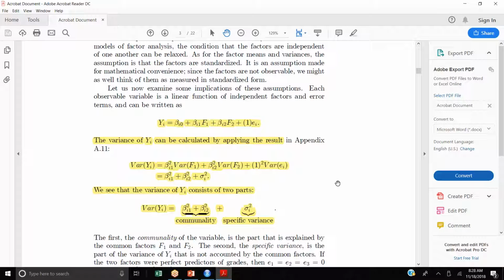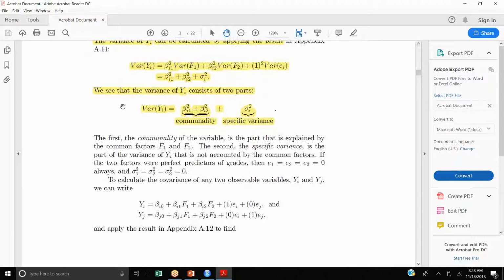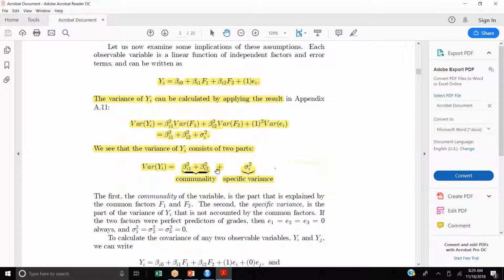Just a terminology. Okay. Just some terminology, remember. So no worries about it. Don't get bogged down here. When I was a student, I was going crazy. I don't know the communality.